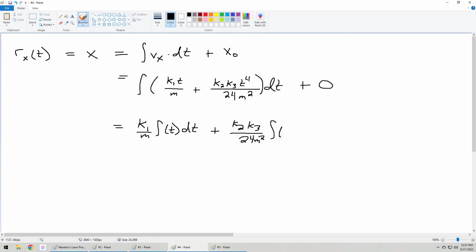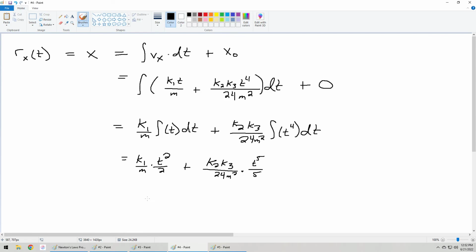The only thing that we're concerned about is integrating anything that is a t, with respect to dt. So we have k1 over m times t squared over 2 plus k2 times k3 over 24m squared multiplied by t to the fifth divided by 5.